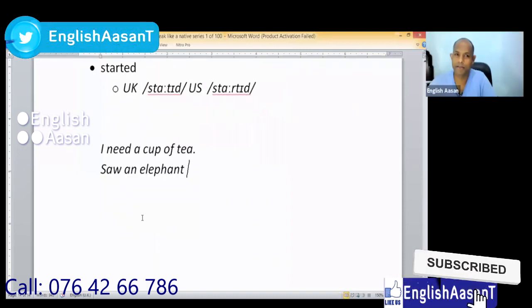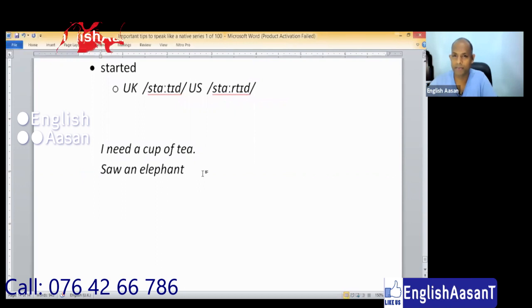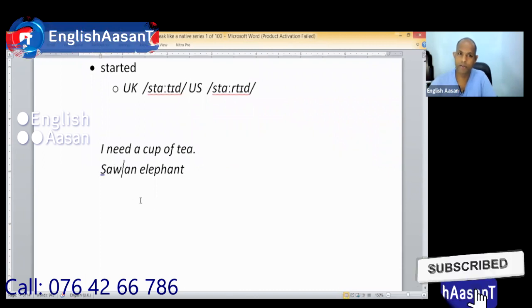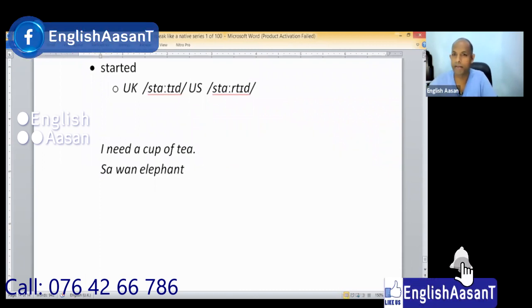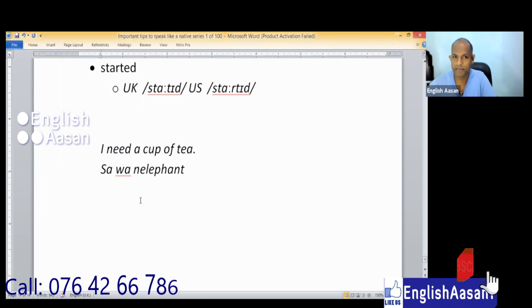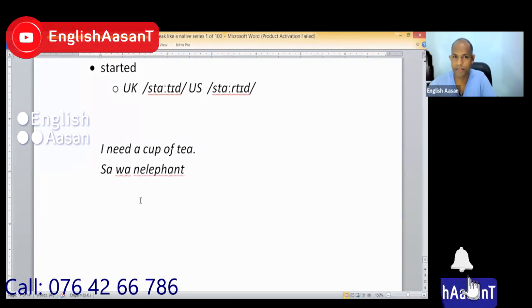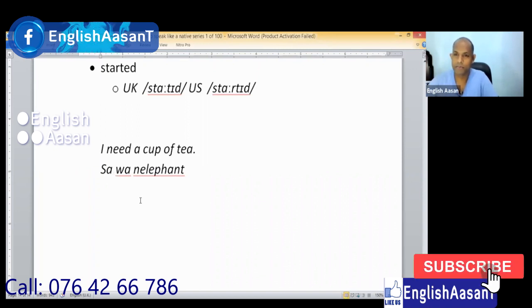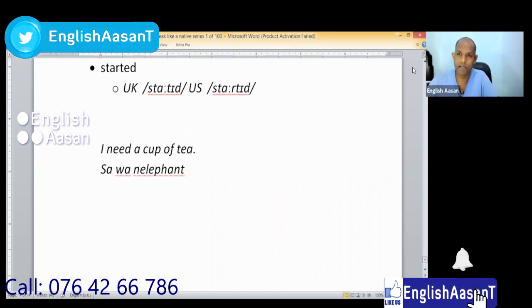Just to give you an example, an elephant. When you say it in a natural way, this becomes one elephant, and this N also goes here. So, one elephant. That's natural linking. It's how words are linked when you talk in English.